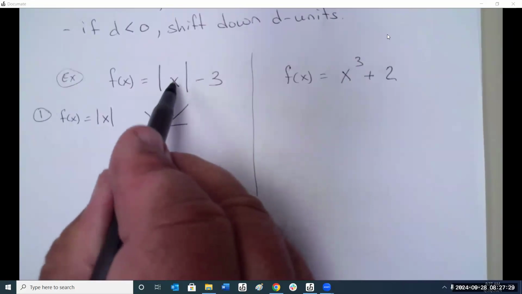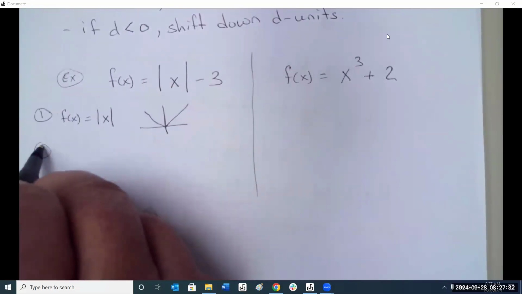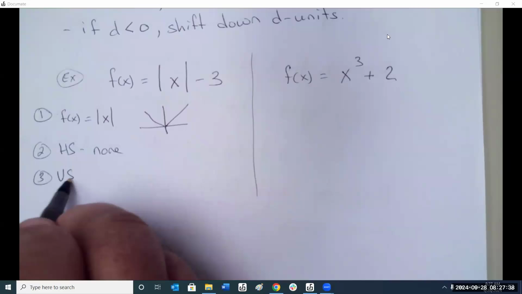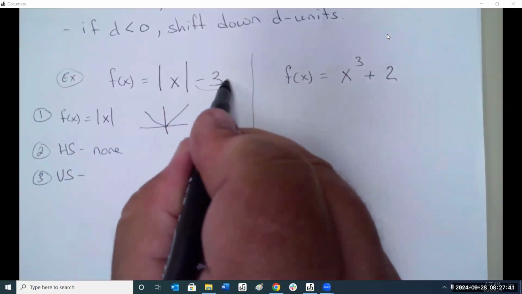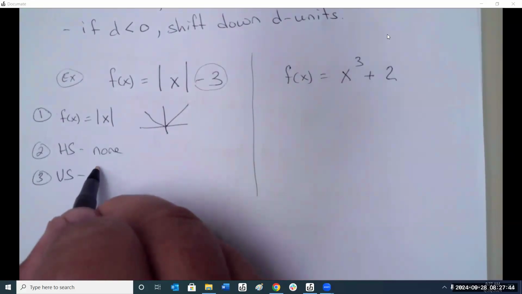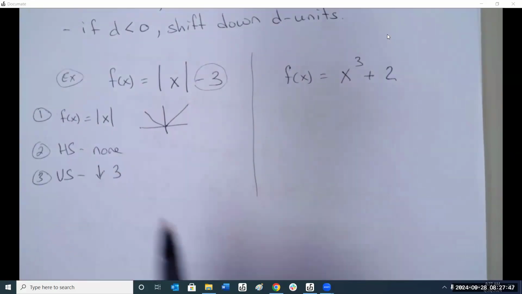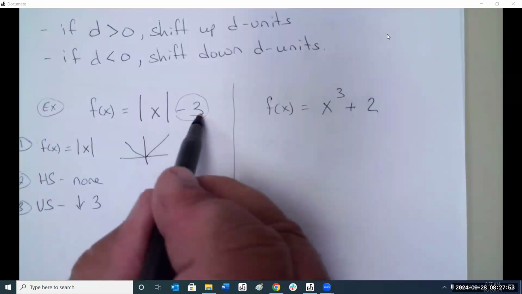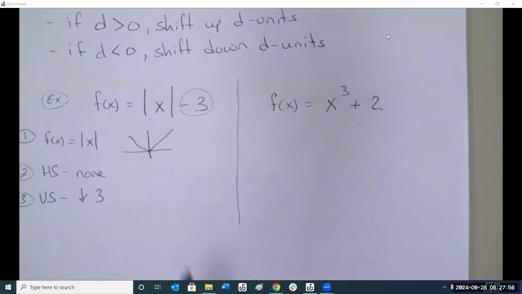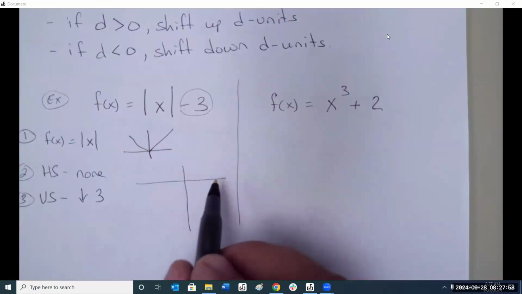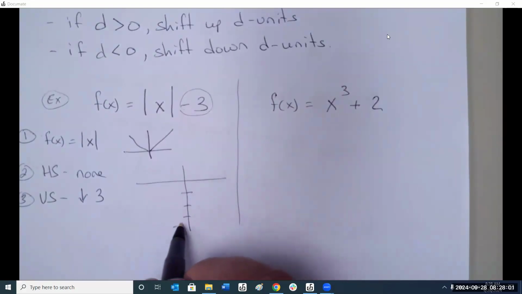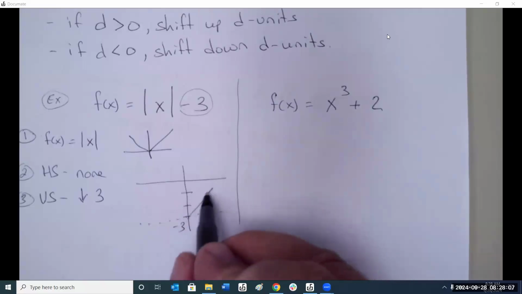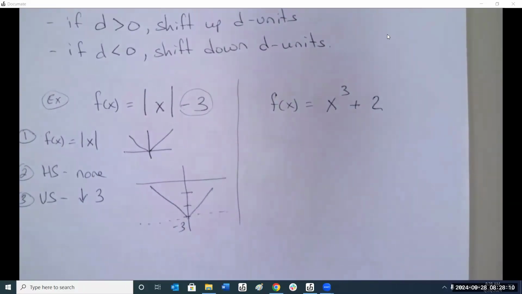No, because nothing's happening inside the absolute value. So is there a vertical shift? Horizontal shift, none. Vertical shift, what does that tell me to do? It even says right here, if it's negative, it shifts down 3 units. This is -3. One, two, three. So there's my new origin right there. So the V, the graph looks the same since nothing changes. It just changes location.